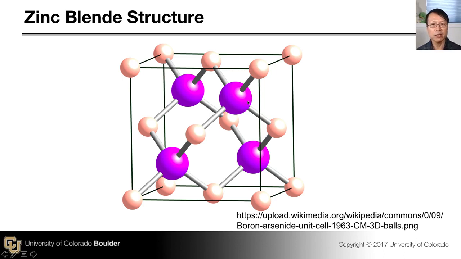In that case, you have gallium arsenide, one of the representative 3-5 compound semiconductors. Many of the 3-5 compound semiconductors, such as gallium arsenide and indium phosphide, crystallize into the zinc blende crystal structure. Some of the 2-6 compound semiconductors, such as zinc selenide and cadmium telluride, also crystallize into the zinc blende crystal structure.